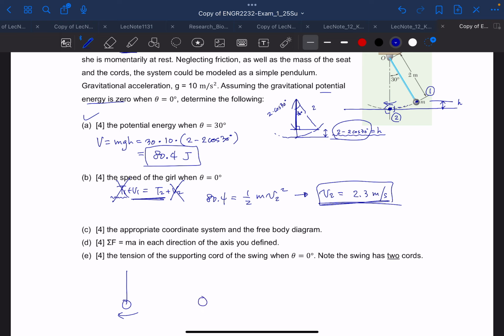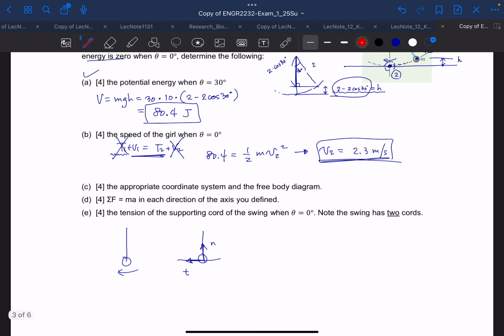Then we can draw a free body diagram, something like that. This is tangential and this is normal, let's say. And all the forces we have are mg and the tension that we have there.